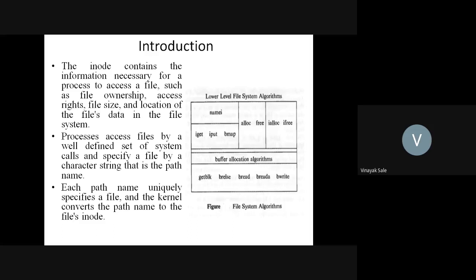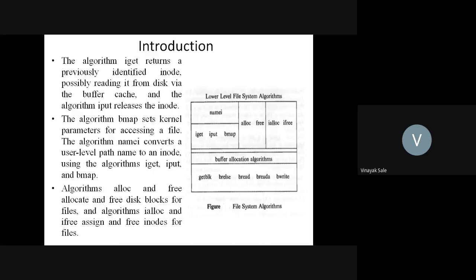Each path name uniquely specifies a file, and the kernel converts that path name to the file's inode. That is, it gives a particular index number or index node to that file.